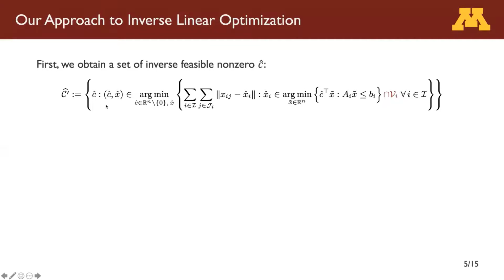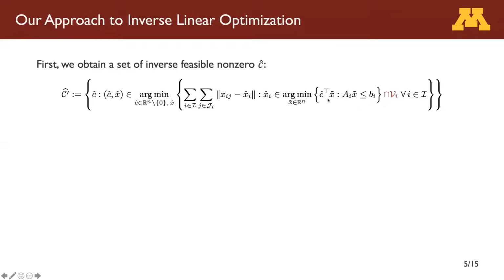And we do this by solving a minimum distance projection problem here. Here I is the set of experiments and J sub I is the set of observations selected for an experiment i. What this problem actually does is project the observed data x_ij for an experiment i and sample j on the solution space of an LP to be estimated.